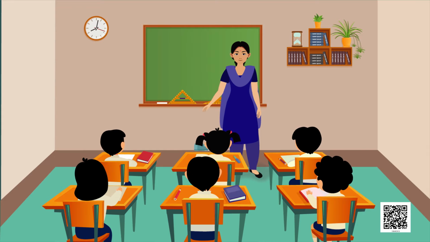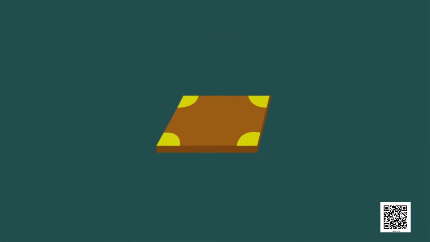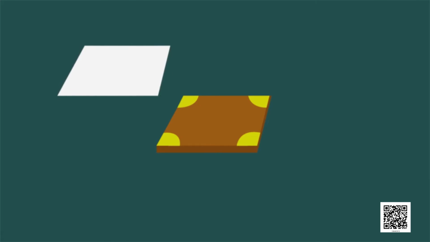Now to perform the activity, first of all, take a piece of rectangular cardboard and cover it with a sheet of white paper. Make a hole in the center of the cardboard and insert a thick copper wire through this central hole.